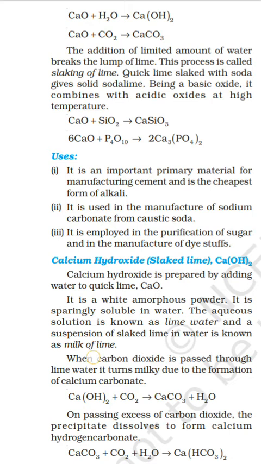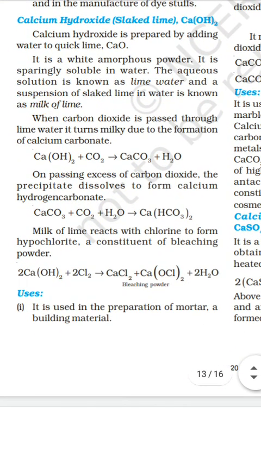Then calcium hydroxide, slaked lime, Ca(OH)2. Calcium hydroxide is prepared by adding water to quicklime, CaO. It is a white amorphous powder. It is sparingly soluble in water. The aqueous solution is known as lime water and the suspension of slaked lime in water is known as milk of lime.